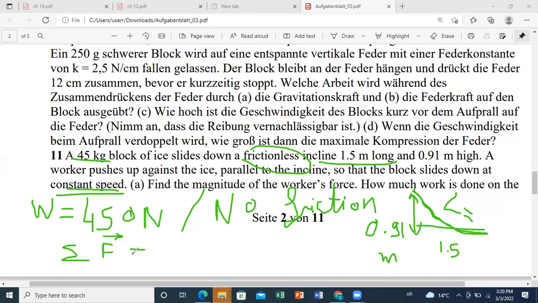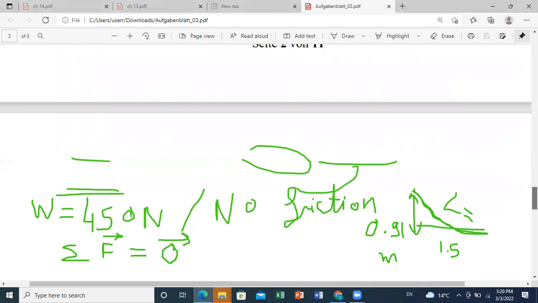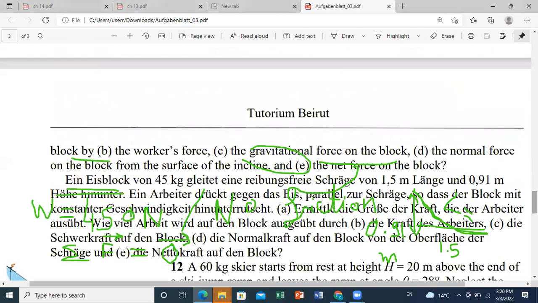You have motion because you have a speed, but you don't have an acceleration. So it's equivalent to solving a static problem, because sum of forces is equal to 0. So we need to determine what is the worker's force. This is why the first step will be to draw the free body diagram of the system.